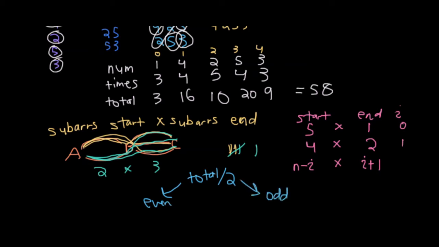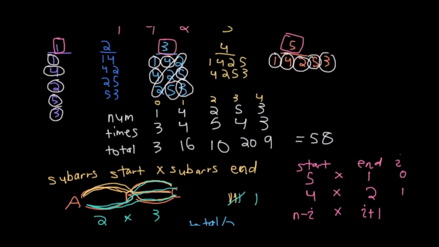However, in the case where a number appears in an odd number of subarrays, there will actually be an extra odd one. So here's what that means. Let me scroll up a little bit. We saw here that for the number 1 at index 0, it appeared in 3 odd subarrays, but only 2 even subarrays.